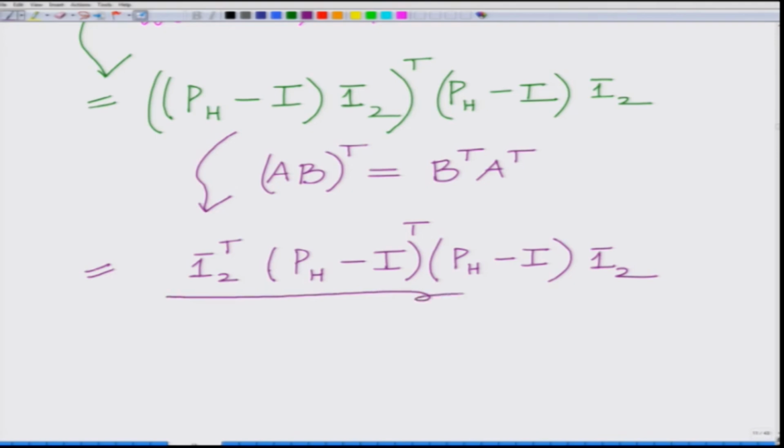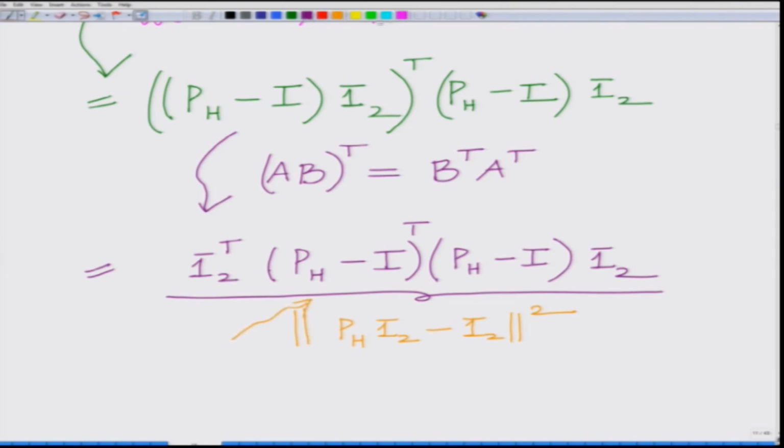Therefore, we have simplified this. This is nothing but the norm of PH times 1 bar 2 minus 1 bar 2, whole square.